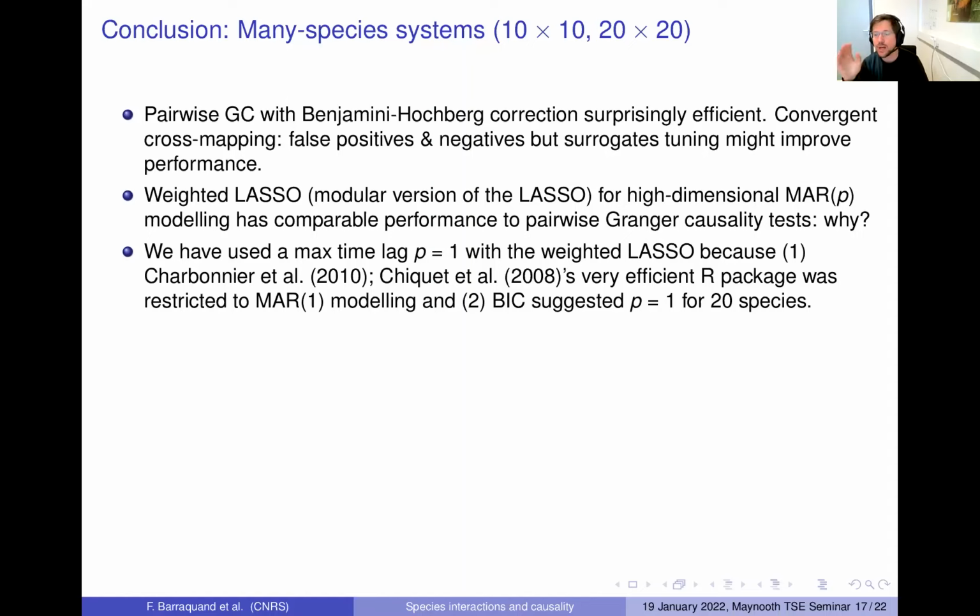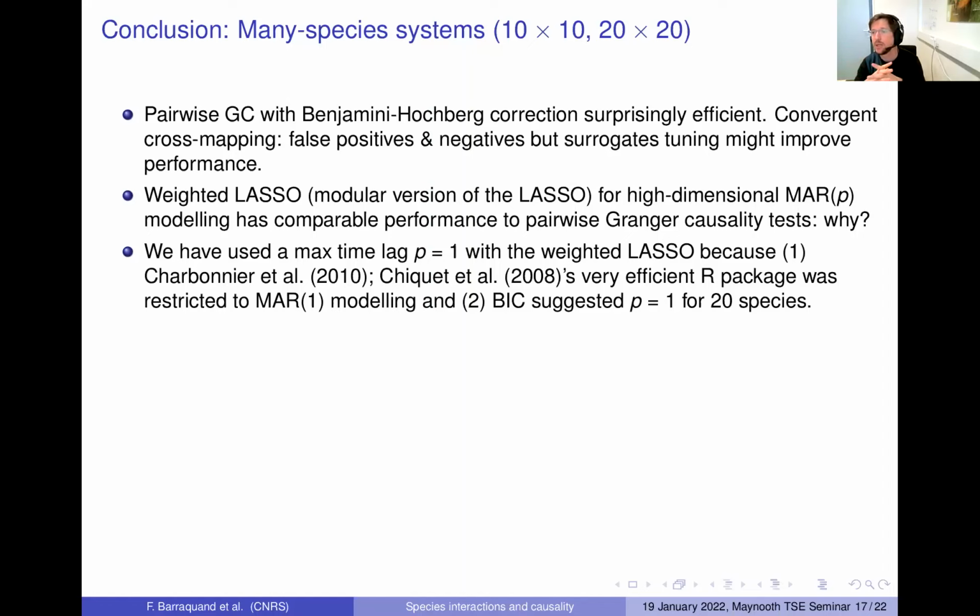We didn't use higher order time lags, higher order delays when modeling, like using 2 time lags or 3 time lags. In that case, first because the nice package for modular networks that we used only functions with p equals 1, and also because when we selected the number of time lags with BIC, it suggested p equals 1.